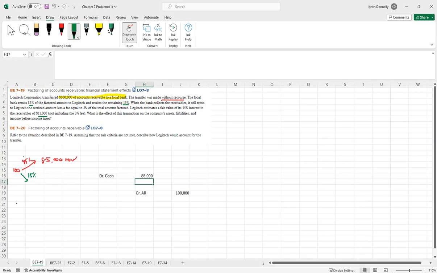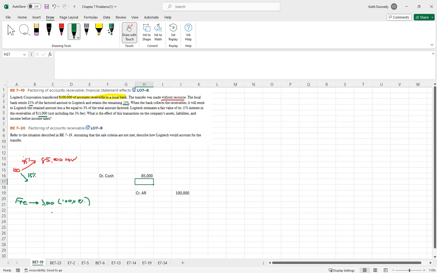So let's think about this. First, let's figure out the fee. They're telling us the fee is 3% of the total amount factored. So 3% of 100,000 is going to be $3,000, 100 grand times 3%.